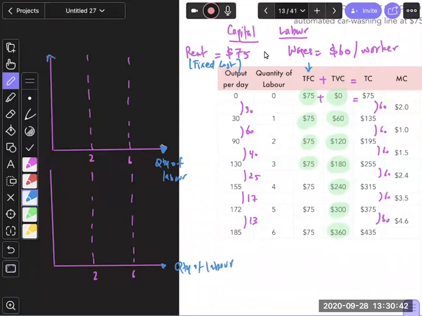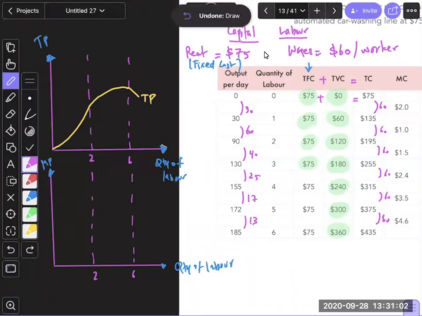This is our TP, and this is our MP. We said initially output rises at a faster rate, then output rises at a slower rate, and then output can also start to fall. When output is rising at a faster rate, MP rises, and then MP falls, and then MP can also go negative.